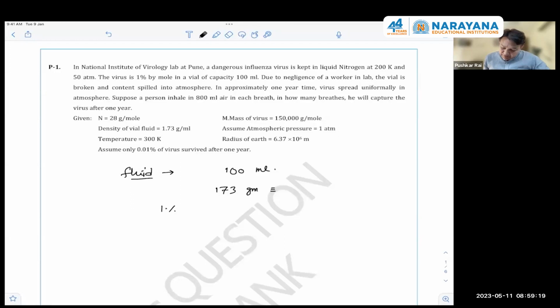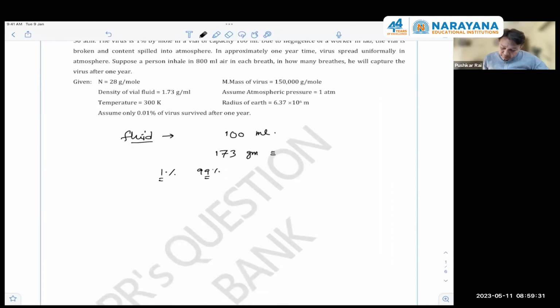So 1% by mole means 1 mole of virus, then 99 mole is what? Nitrogen. So by using this idea, we can do one thing: let the mole of virus be A. So A into the molecular mass of virus, which is also given, 150,000, plus B, say the moles of nitrogen, into 28.